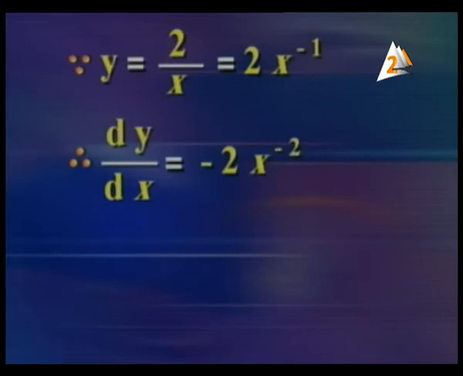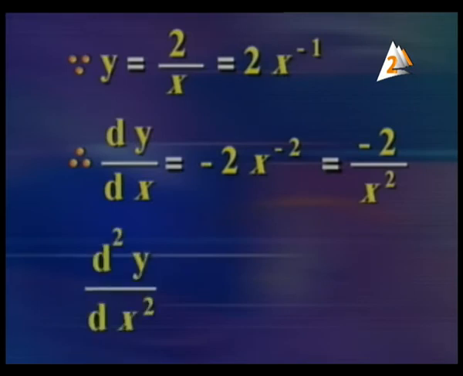At first, we find dy/dx. dy/dx = -2x^(-2). Why? dy/dx is negative 1 times 2, which is negative 2, and decrease the power by 1, x^(-2), or -2/x².